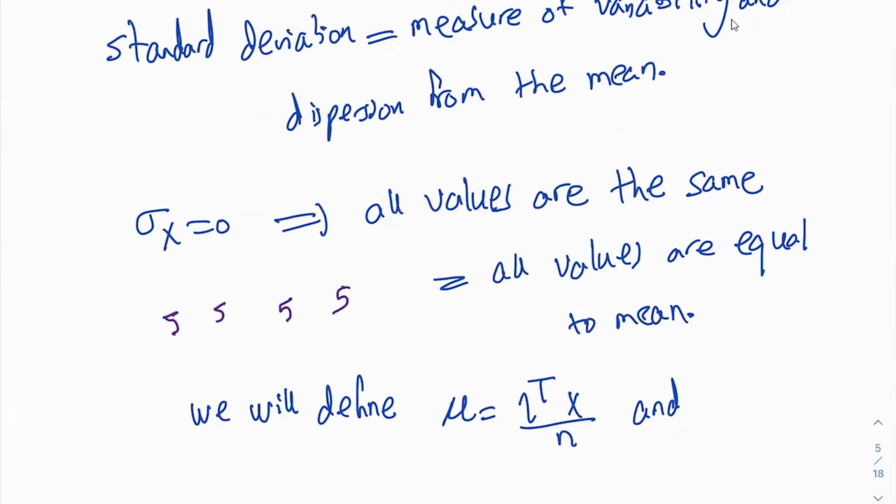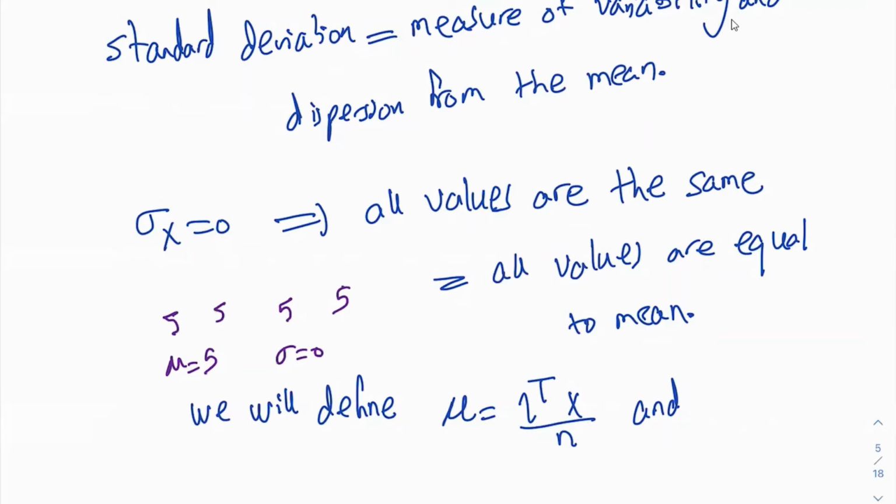What's the mean here? Without any calculation, the mean is equal to 5. But there is no variability in this data, all of them are the same. So the standard deviation is equal to 0, and therefore all the values are equal to the mean. The smaller the standard deviation, the closer the data points are together.